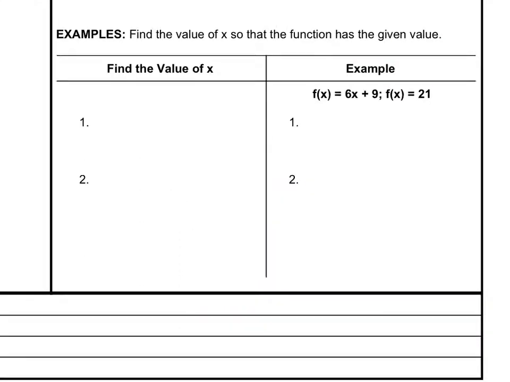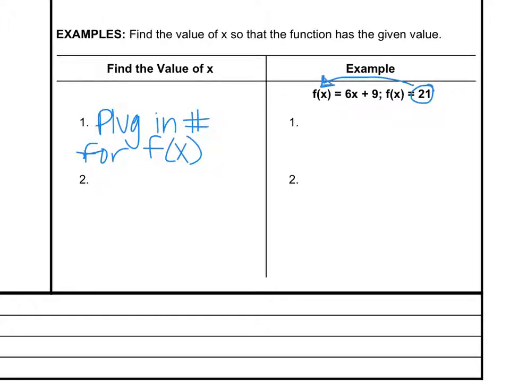First thing I need you to do is plug in the number for the entire f of x. So you're told that f of x equals 21. You're going to put that where f of x is.